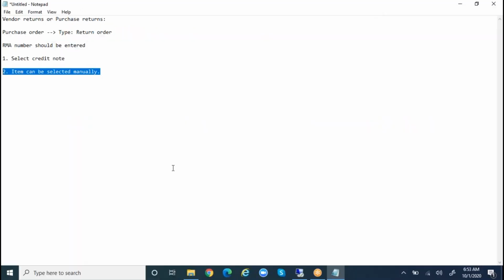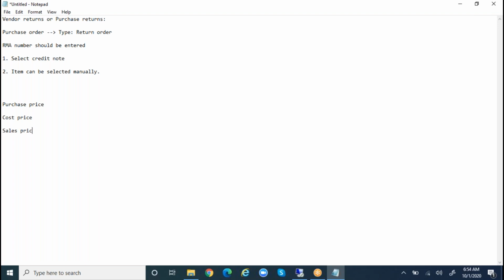Am I right? You mean to say whenever you are selling to the customer, then cost price of that item will decrease. Yes. Okay.